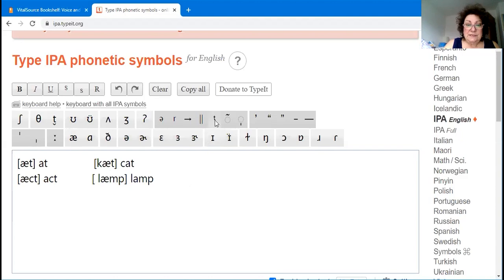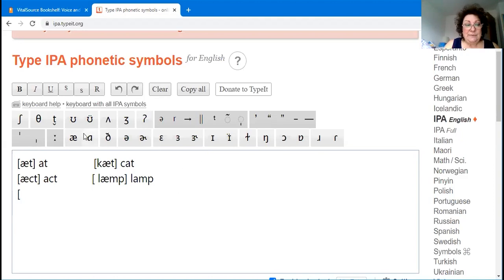If I put that little symbol over the æ, it means you've nasalized the vowel. You're saying lamp instead of lamp. And we tend to nasalize the vowel sound because the sound after, and sometimes before, is a nasal, you would tend to nasalize it. So we're going to go back to saying lamp. Okay. And we'll learn some more words.